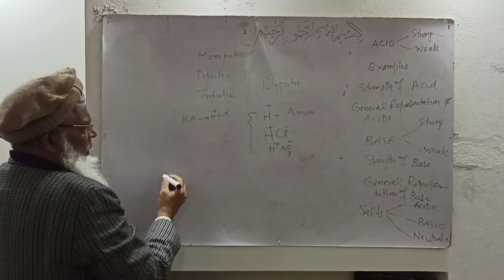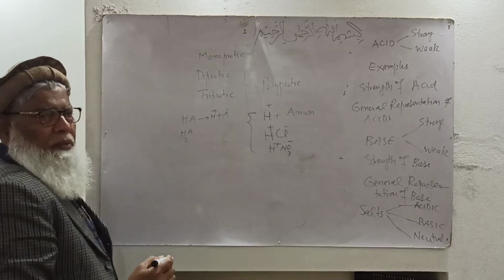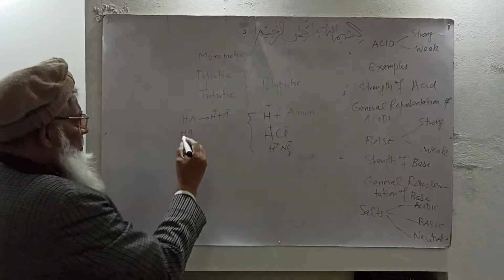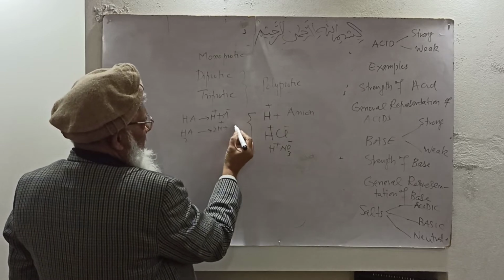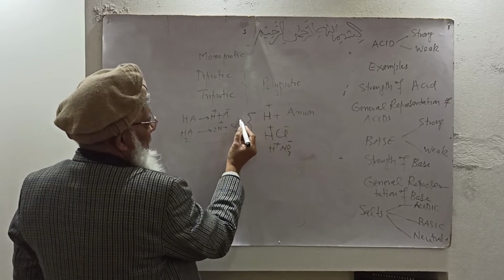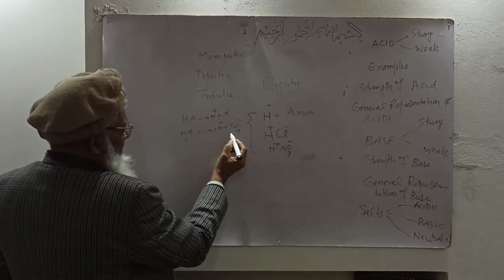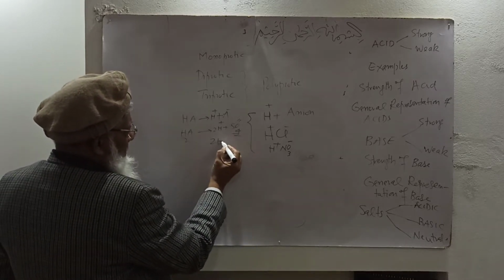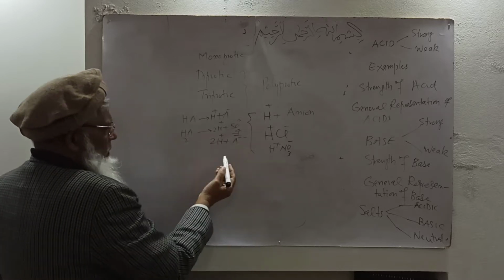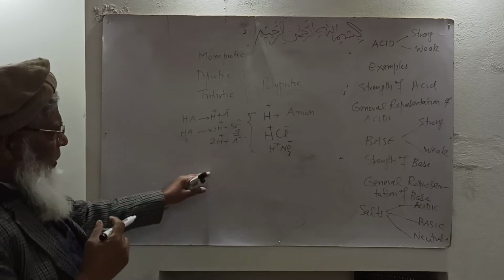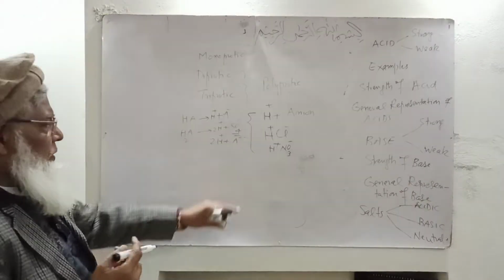Similarly, H2A in case of sulfuric acid gives 2 protons and 1 anion. So it may be written as two H positive, and the anion will carry a di-negative charge.